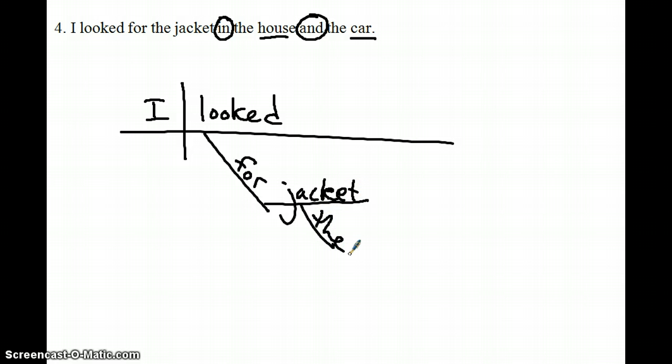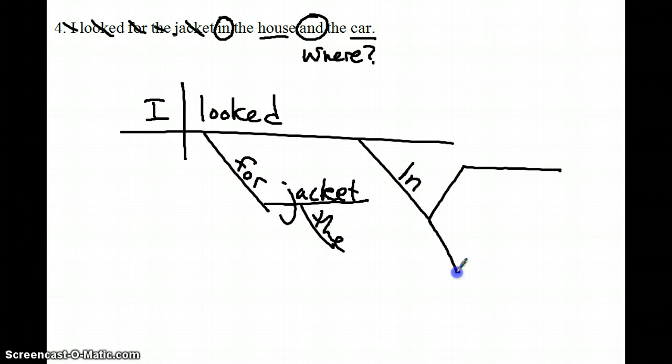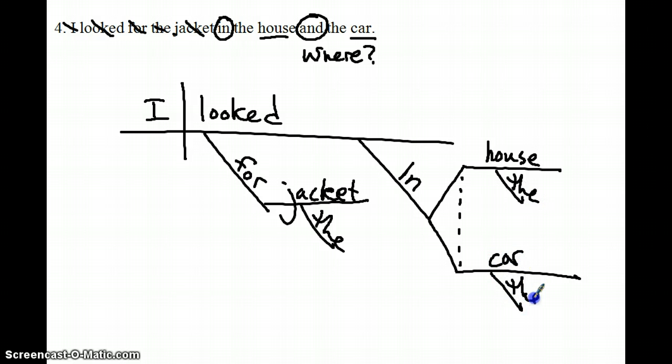The jacket. And now I have in the house and the car, both of them answering where you looked. So that's another adverbial prepositional phrase. In. But now we have to split it because we have two objects of that preposition. House. Which house? The house. Car. Which car? The car. And we link it with the conjunction. Compound objects of a preposition.